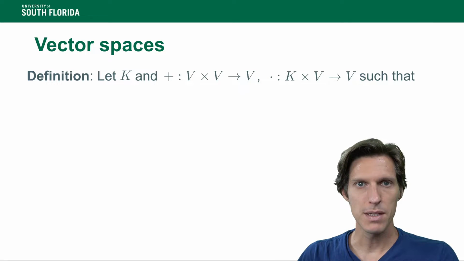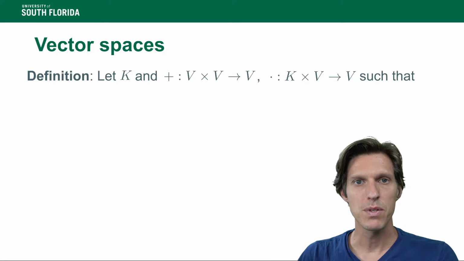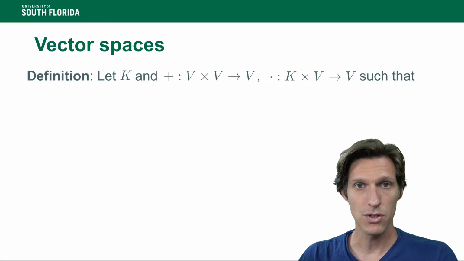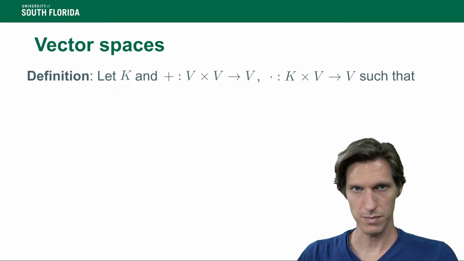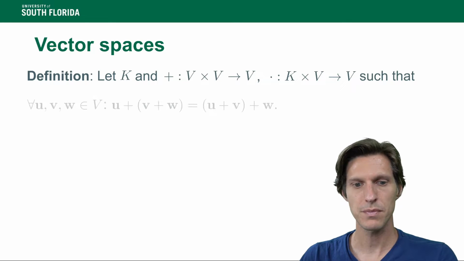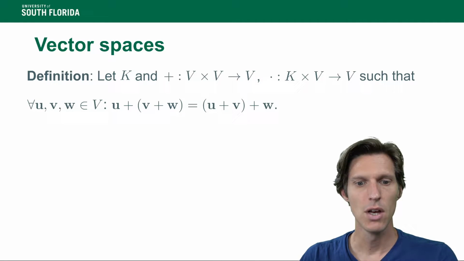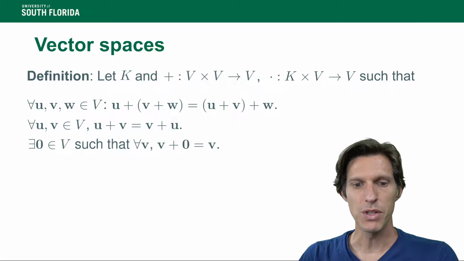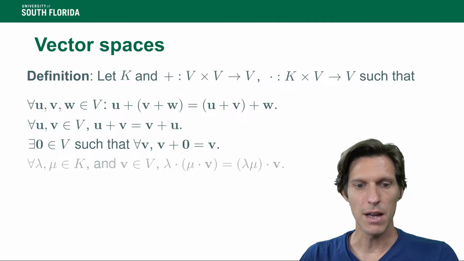A vector space V is a set equipped with an addition between elements of V, and a multiplication between the elements of K, which we call the scalars, and the elements of V, that maps those multiplications to V. The important properties are, first of all, that the addition needs to be associative, commutative, and have a neutral element. In other words, we have an additive group.